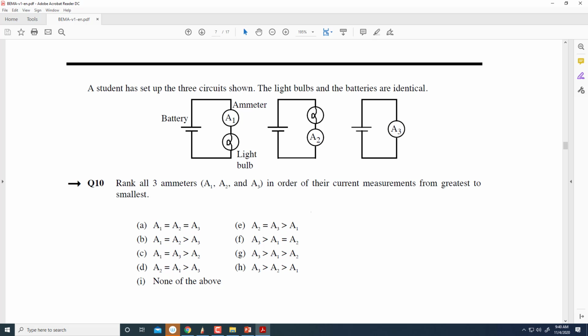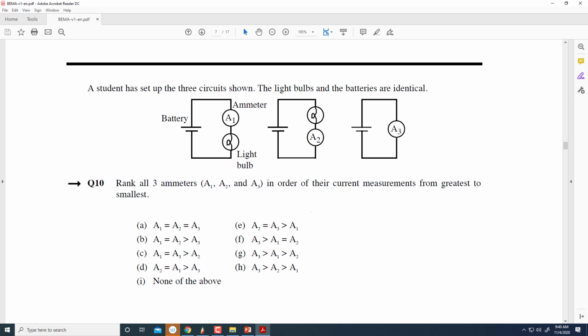It does not consume any power, or in other words, there is no potential drop across the ammeter. If you measure the potential difference, you will not see any across it. You will only see the potential difference on the battery and on the bulb.